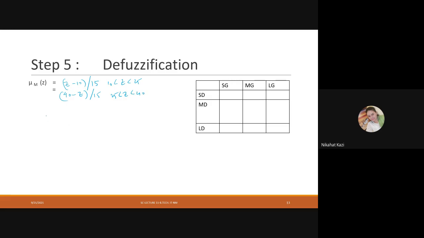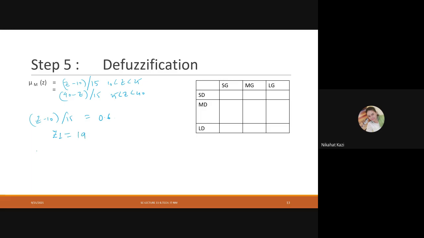Now z minus 10 divided by 15 is equal to 0.6. So you will get one value of z, let us call it z1. You just solve this equation. 15 times 6 is 90, so 9 plus 10, that is 19.